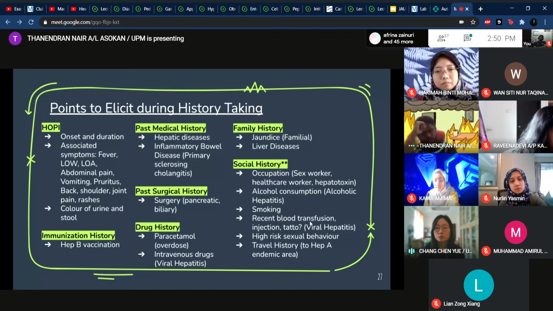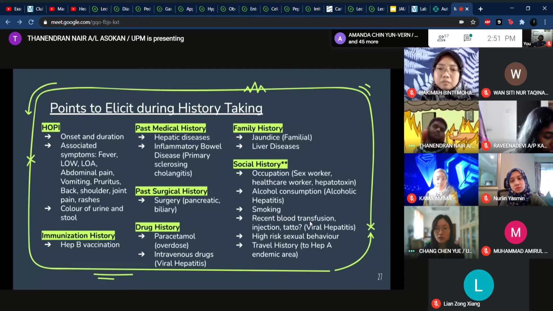And social history will be important for the case of jaundice. First of all, we can ask about the occupation, whether he or she is a sex worker or healthcare worker, who may have a possibility of needle injury, and then any exposure to hepatotoxin, and did she or he consume alcohol, which may lead to alcoholic hepatitis.